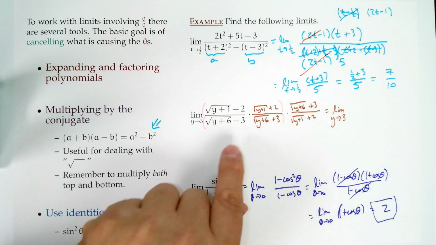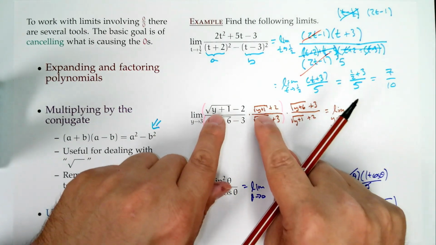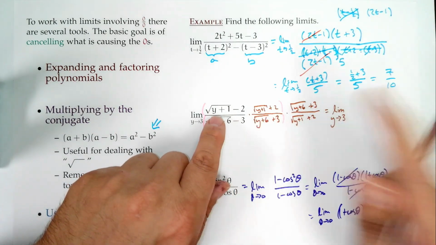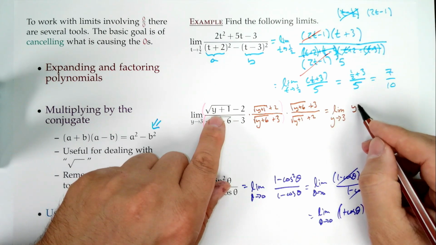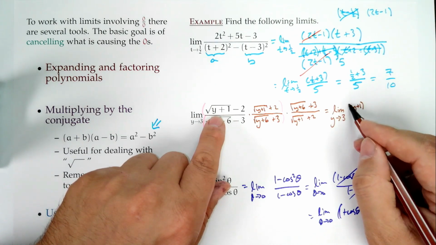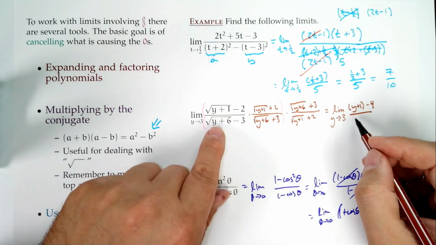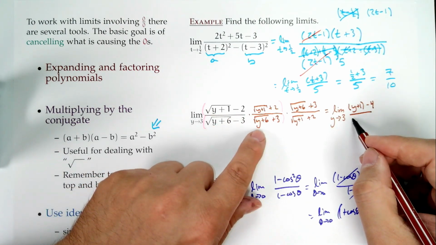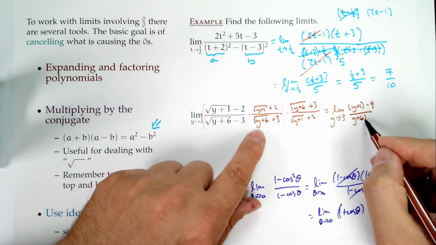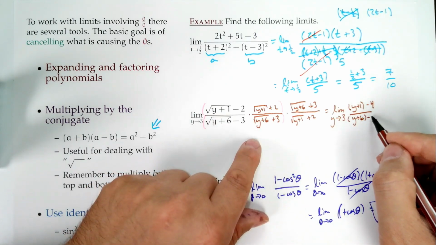So if we do that, what do we get? Well, square root of y plus 1 squared is going to become y plus 1, and then we have minus 2 squared, minus 4. Downstairs, square root of y plus 6 squared, that's y plus 6, and then we have minus 9.